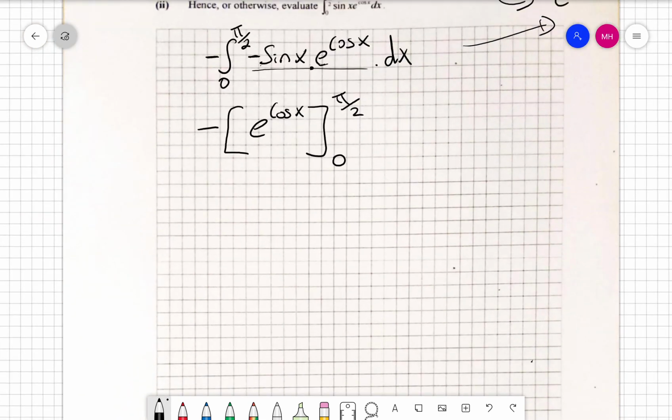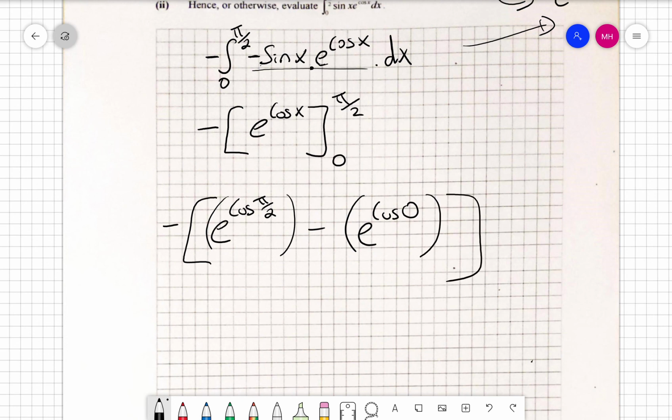This is always the upper limit, which is going to be e cos pi over 2, minus the lower limit, which is going to be e cos 0.